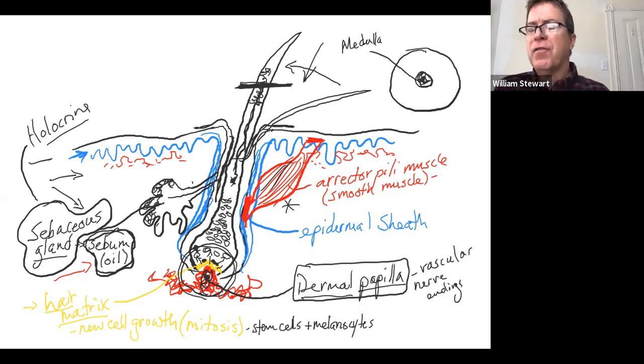That is soft keratin, pigmented cells. That's where a lot of the color of our hair is found. Some keratinized cells, but it's a soft, mushy center.